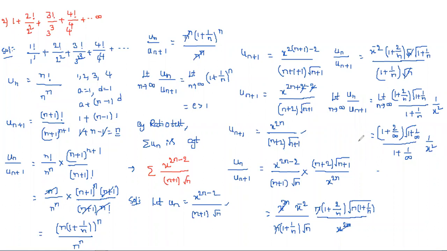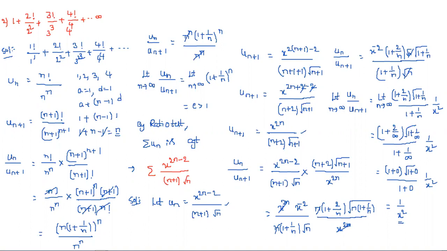So this is equal to, anything by infinity is 0, so 1 plus 0, and this is also root of 1 plus 0 by 1 plus 0, into 1 by x square. So finally we get 1 by x square. So the limit as n tends to infinity of un by un plus 1 is 1 by x square. But we don't know the value of x.